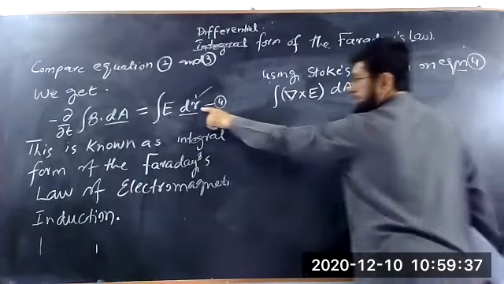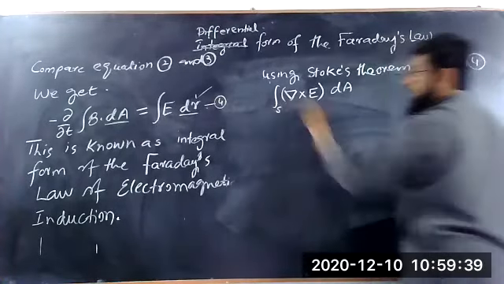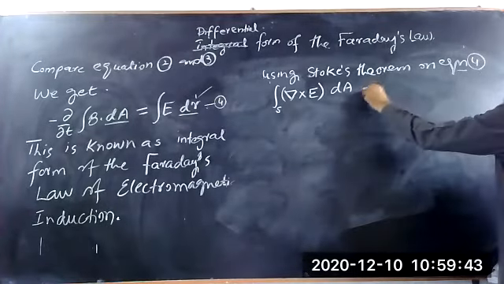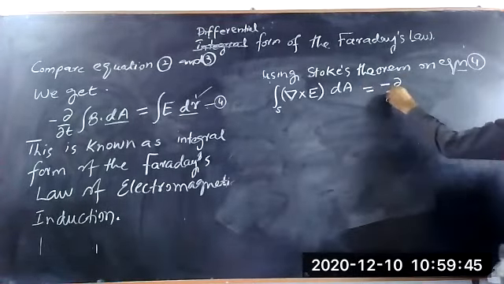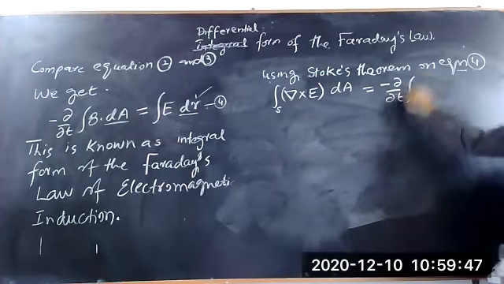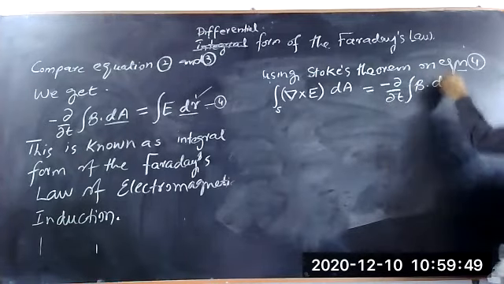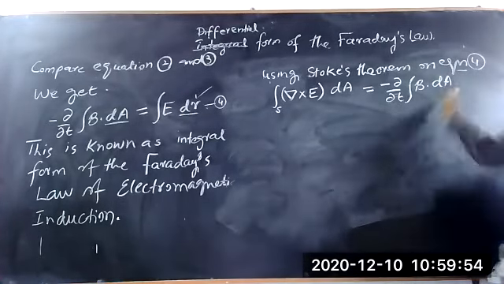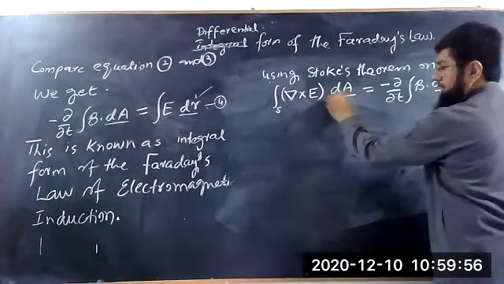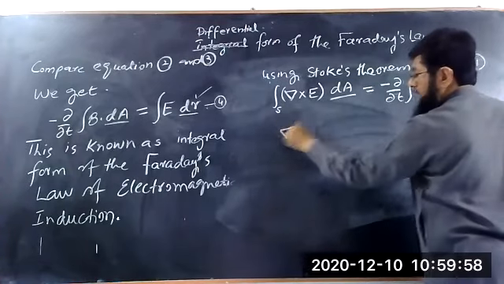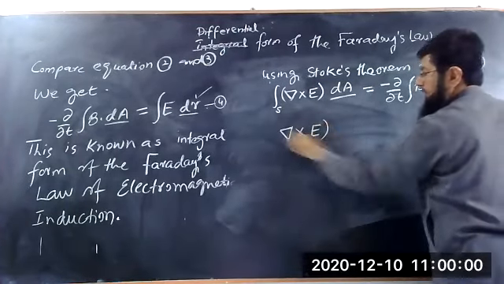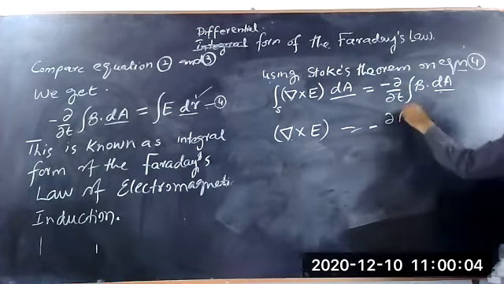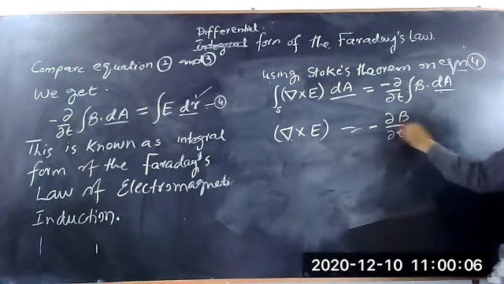A one dimensional integral is converted into a two dimensional integral, equal to minus d over dt integral B dot dA. The integral on both sides is the same, so it can be omitted. As a result, curl of E is equal to minus dB over dt.